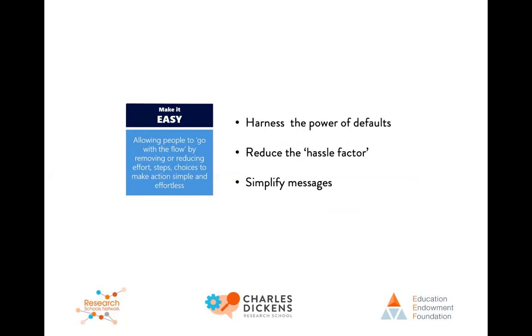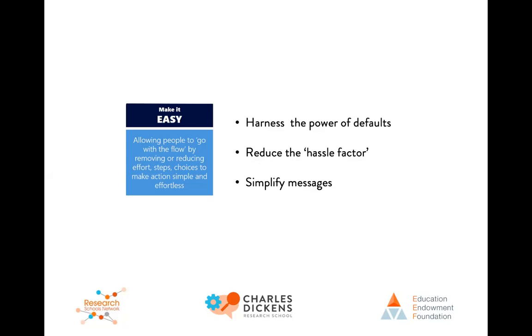And simplifying our messages. Making the message clear often results in a significant increase in response rates to communications. In particular, it's useful to identify how a complex goal can be broken down into simpler, easier actions. If we think back to our example of teacher reading aloud, the hassle factor could be reduced by giving teachers a suggested reading list and providing the books.